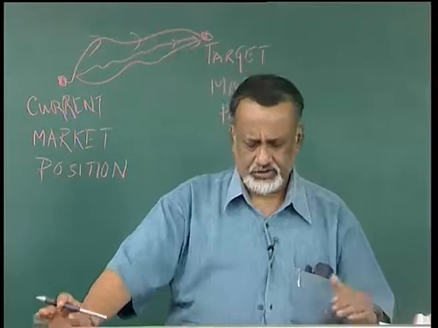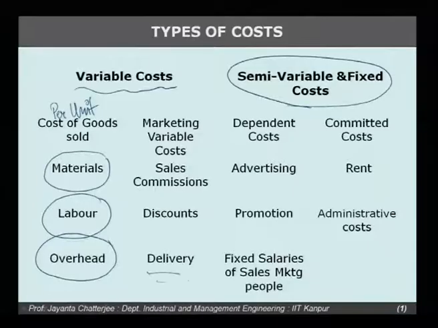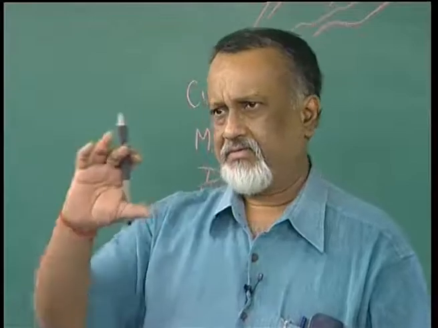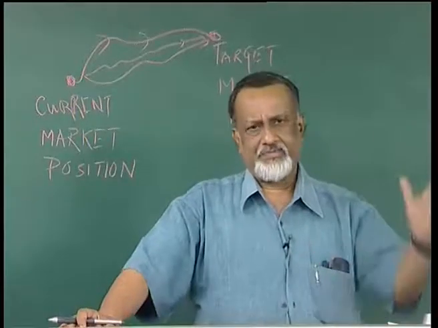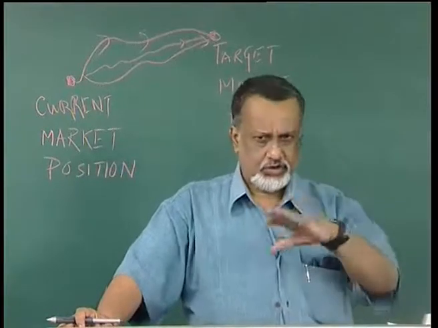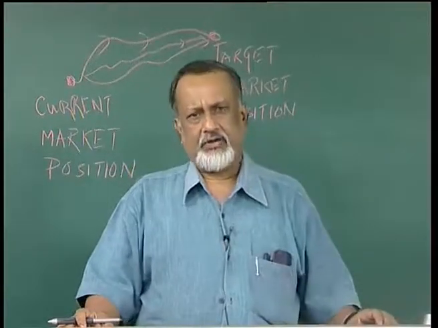Similarly, discounts and delivery costs, because often we can't deliver one unit. Delivery costs are often calculated for a package which may contain 10 packets in a box, 50 packets in a box, and therefore, those costs have to be calculated accordingly.